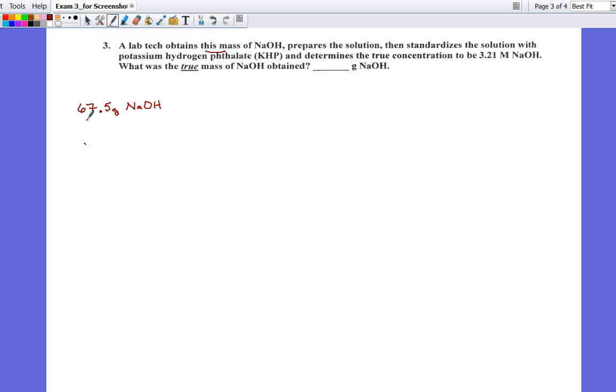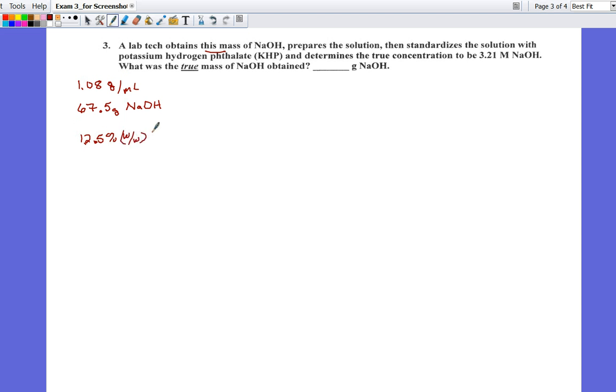We also had in that problem a density of 1.08 grams per milliliter. That was the density of the solution, right? Once we made it, we thought the concentration was 12.5% by mass.